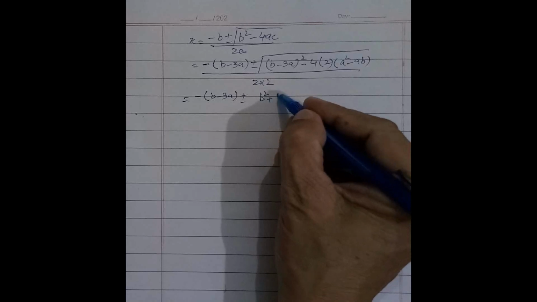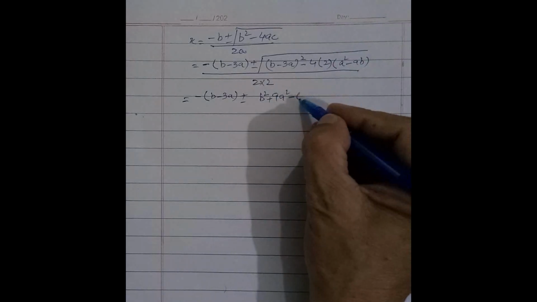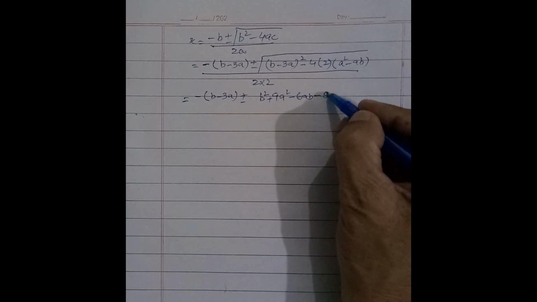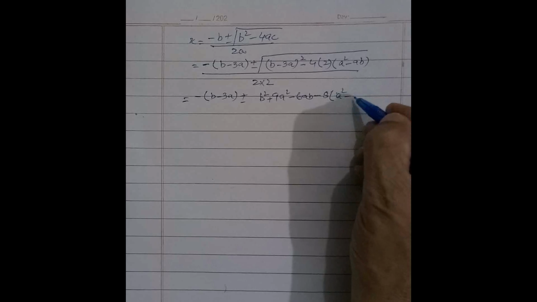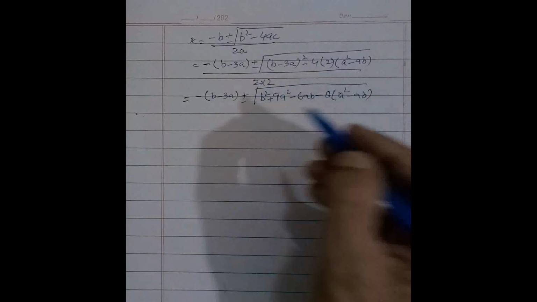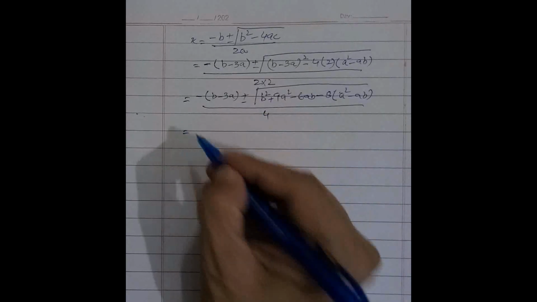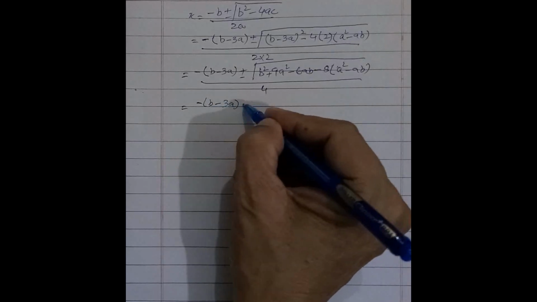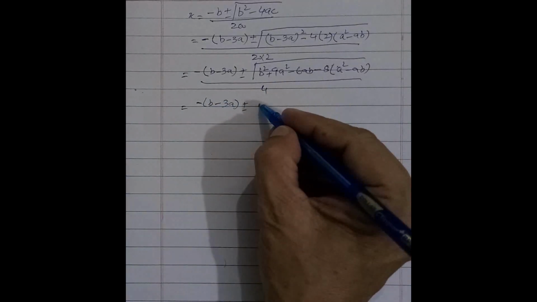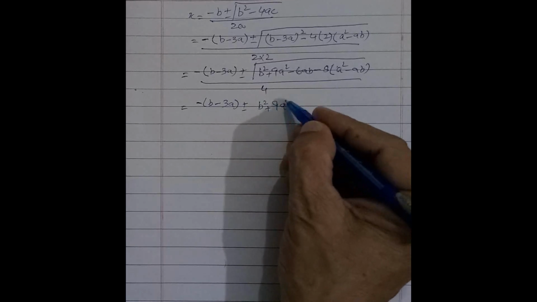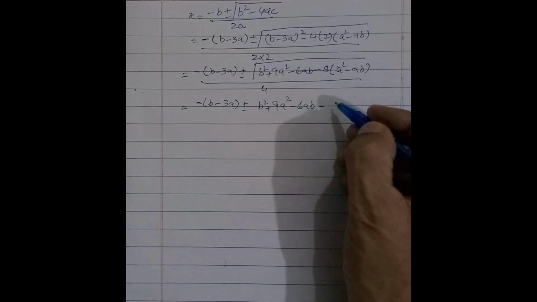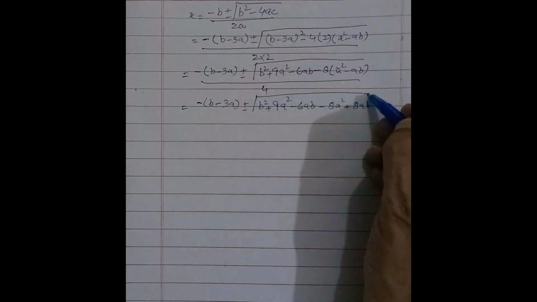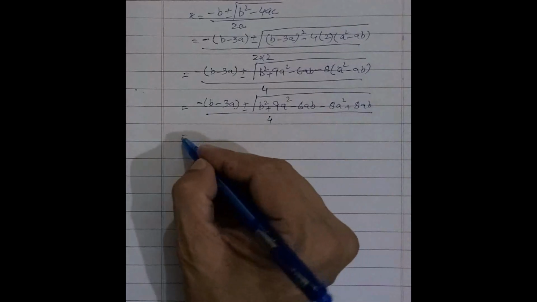Now we simplify the quadratic formula, we get minus (b minus 3a) plus minus, take square of b minus 3a, we get b² plus 9a² minus 6ab, and we multiply these values. 4 2s are 8 into a² minus ab over 2 2s are 4. Further simplified, b² plus 9a² minus 6ab minus 8a² plus 8ab under the square root over 4.